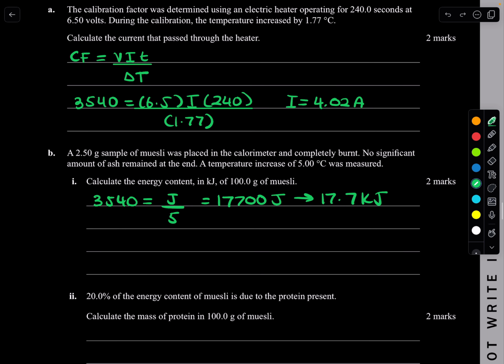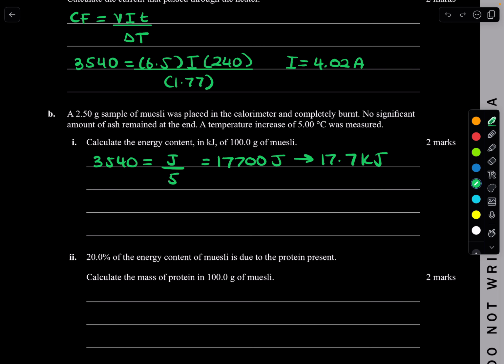Now, good. But we want to find the energy content for 100 grams of a muesli bar. To do that we're going to use ratios. We know that when we burnt 2.5 grams of muesli, we released 17.7. If we burn 100 grams, how much energy, X, would that release?